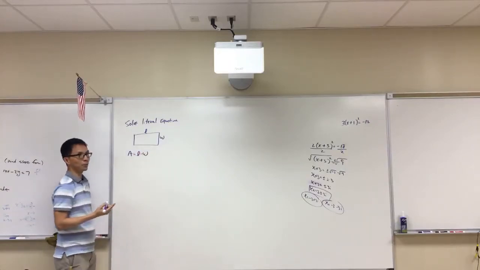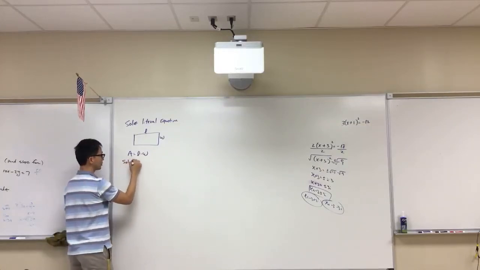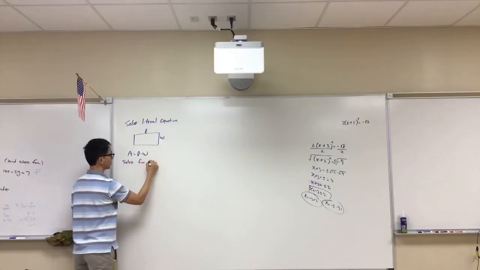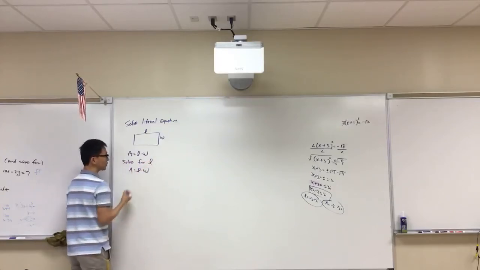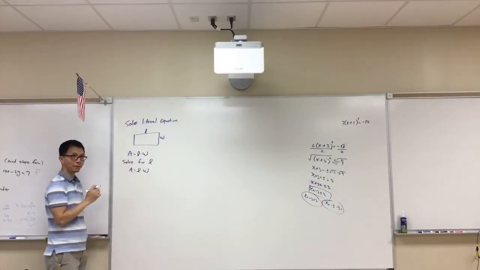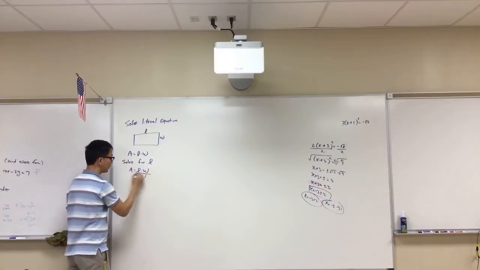And sometimes we say, can you solve for L? So A equals L times W. We want to get L by itself, so what do we do? Divide by W. So L is equal to A over W, right?